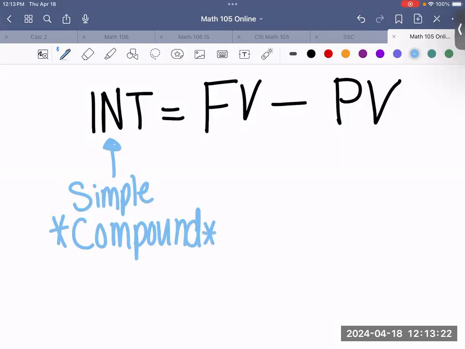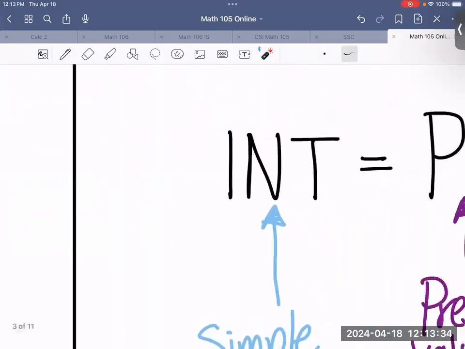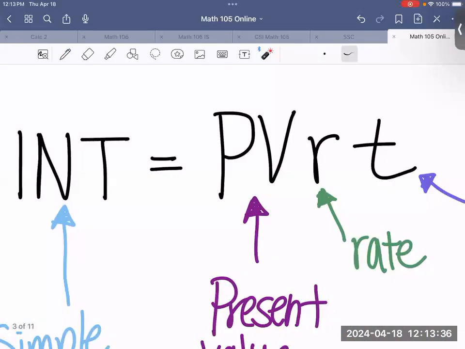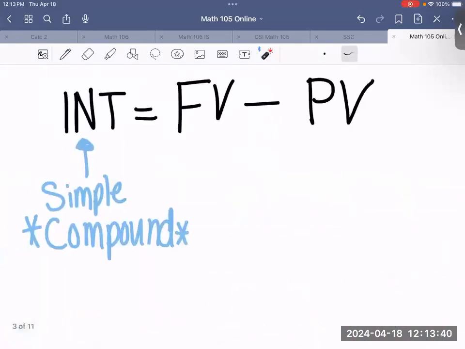You can use either one when it goes for this section. I'll be using this a lot more frequently because in the past, a lot of students have forgotten that they cannot use this equation for compounding, and it sometimes gets lost in translation. So you're going to be seeing me do this one a lot more frequently.